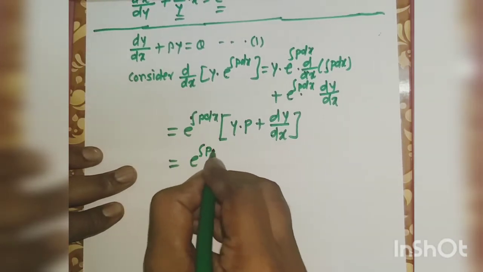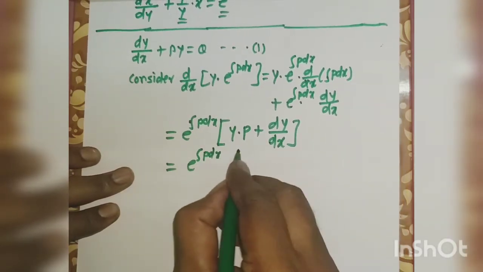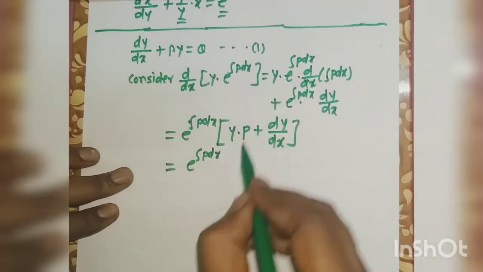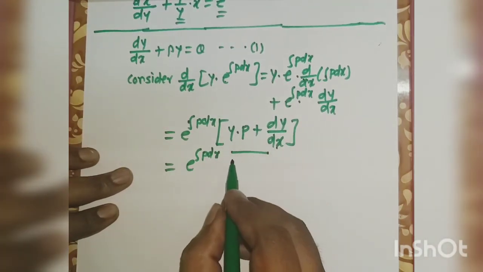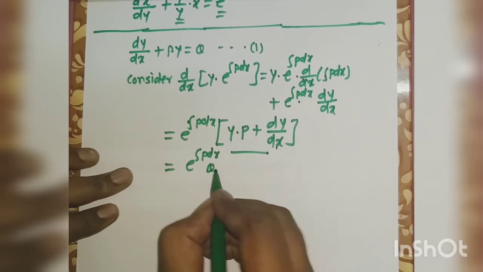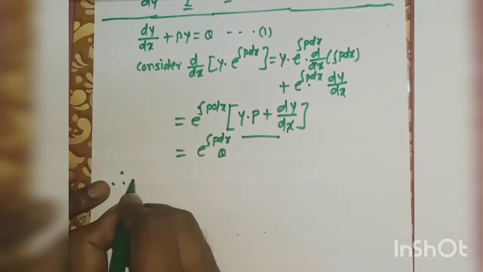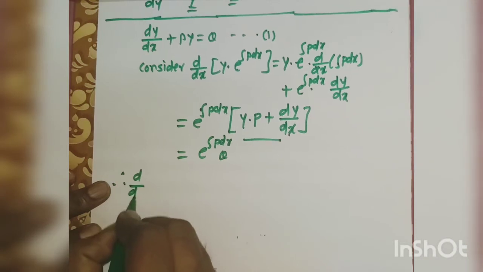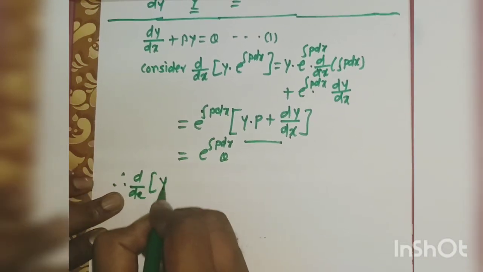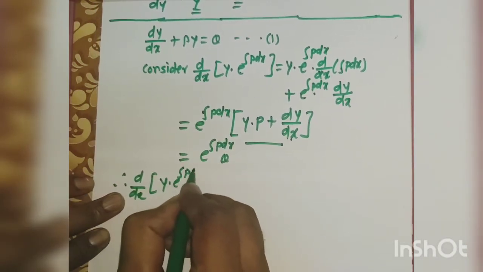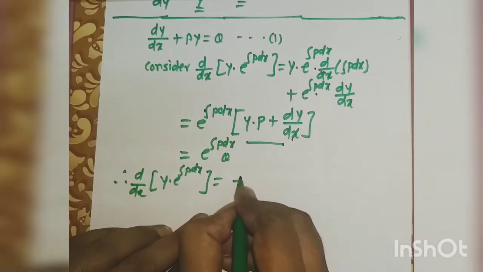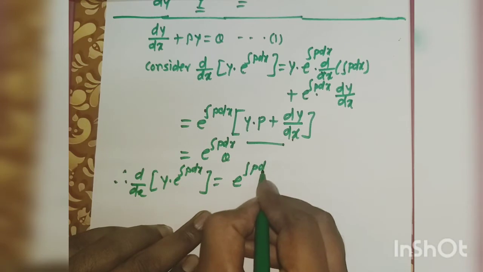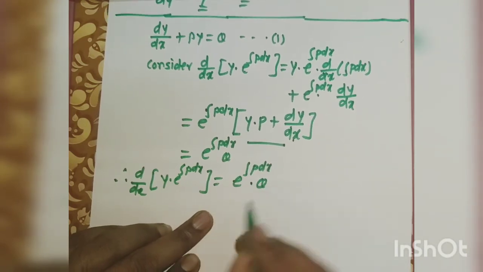Now from equation 1, the value of dy by dx plus py is equal to q. Therefore d by dx of y into e raised to integration p dx is equal to e raised to integration p dx into q.